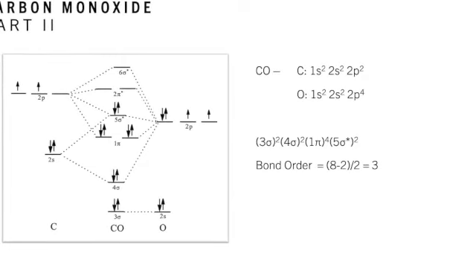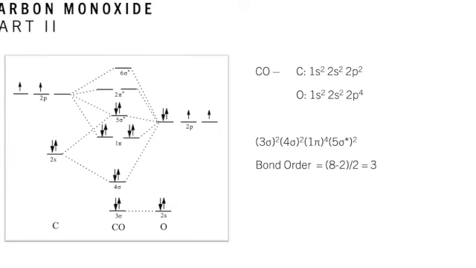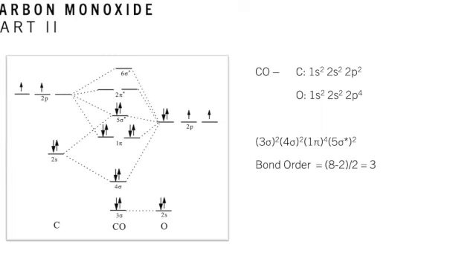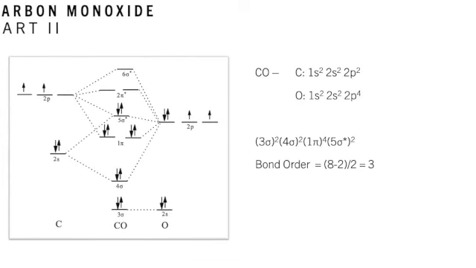The 4σ molecular orbital gets its 2 electrons from the 2s orbital of the carbon and the 2p orbital of the oxygen. In total, the 1π molecular orbital has 4 electrons.